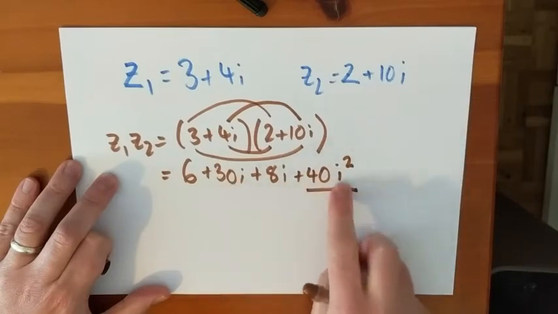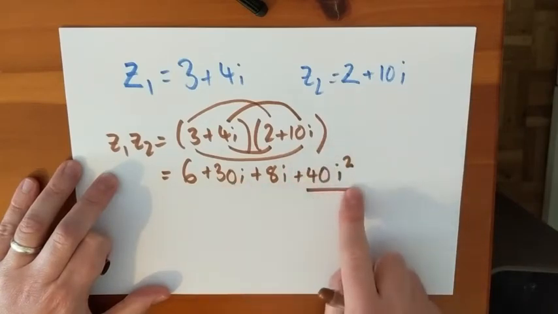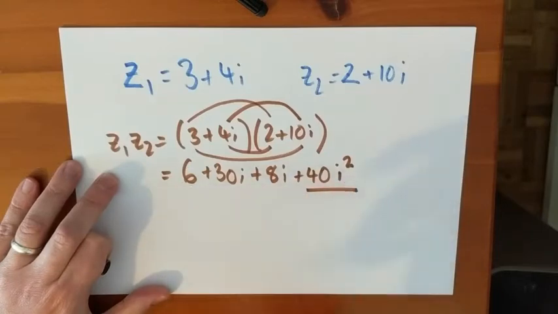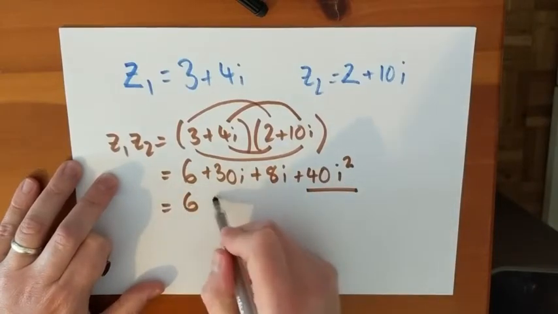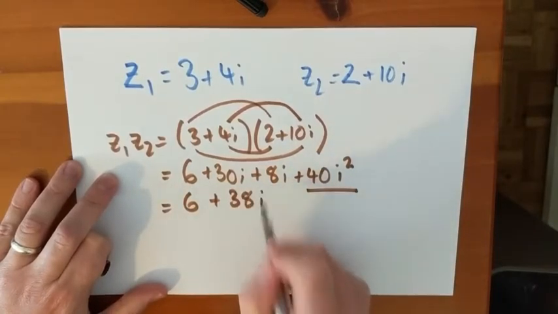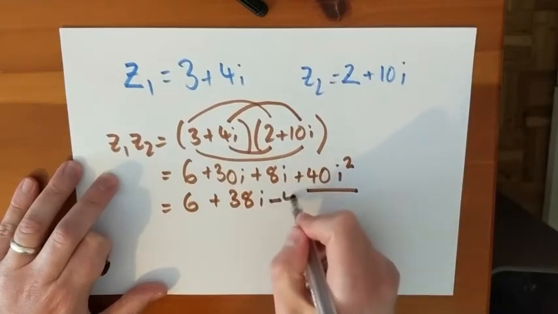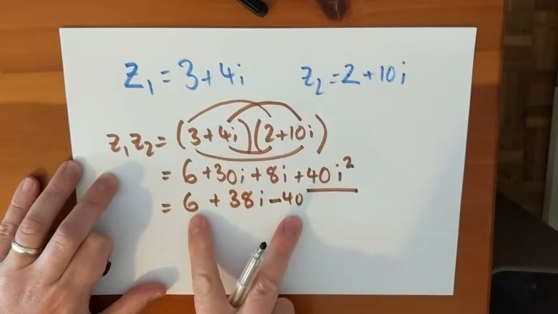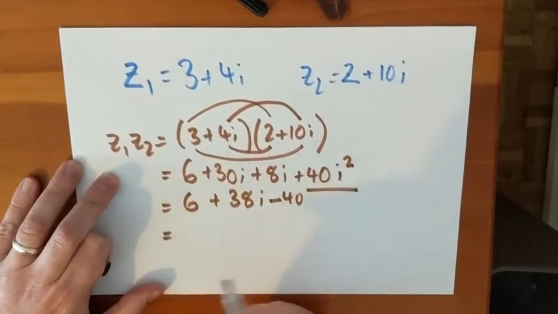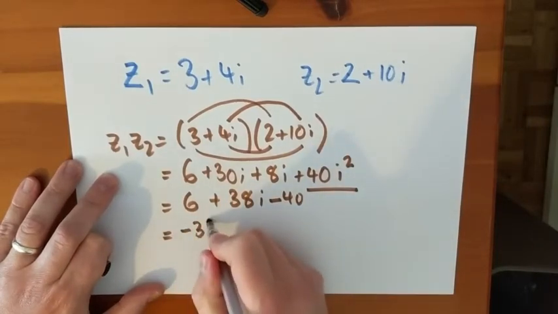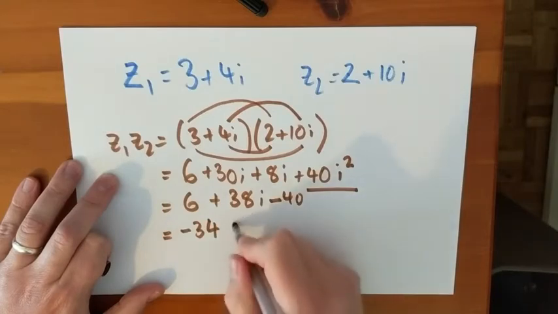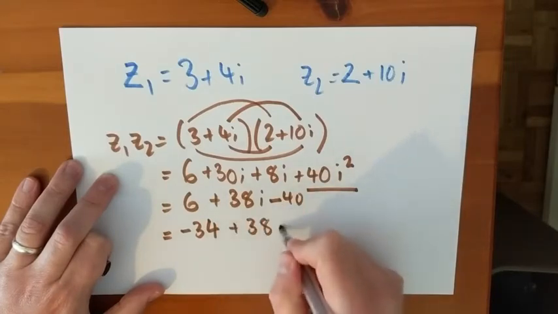I've got a -1 times 40, which gives me -40. So in the middle, I have the 38i. At the back, I've got -40. And then I can join these two together. So I have 6 take away 40, which is -34 plus 38i.